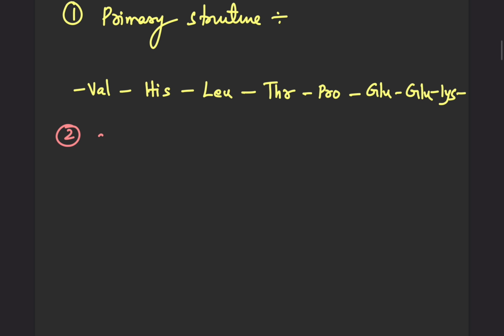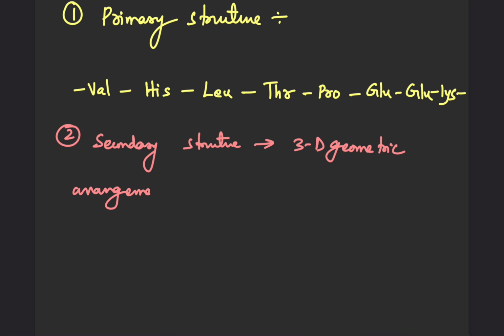Okay, so secondary structure is the 3D geometric arrangement of polypeptide chain due to hydrogen bonding.